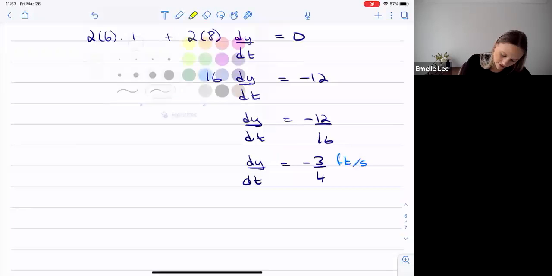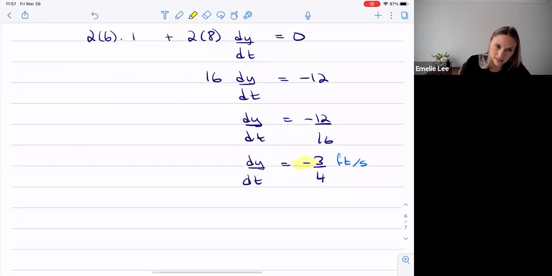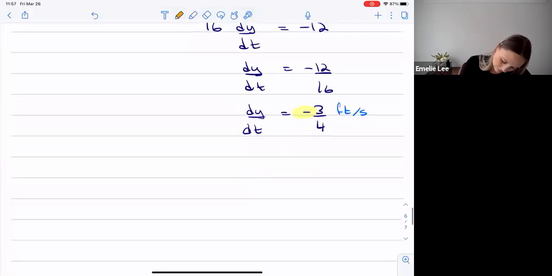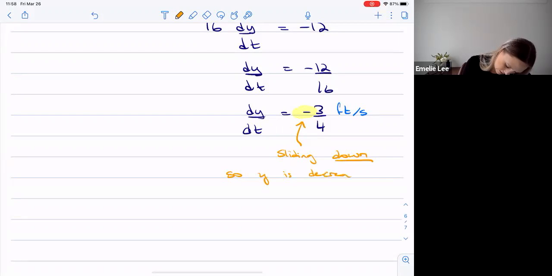I also want to highlight that it has to be negative, and it makes sense that it's negative because it's sliding down. So y is decreasing at a rate of 3 over 4 feet per second.